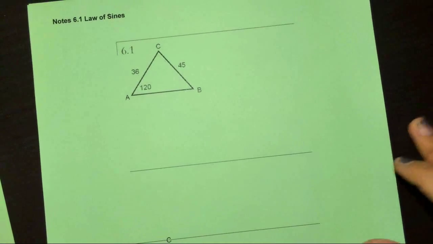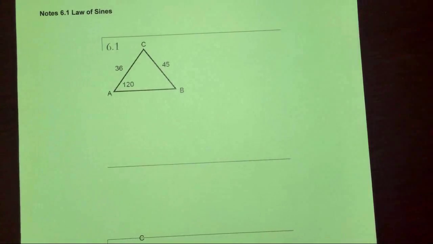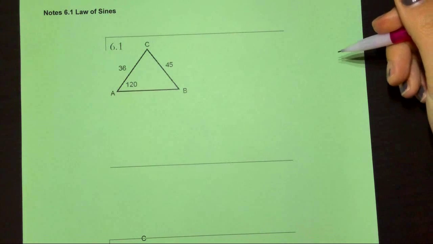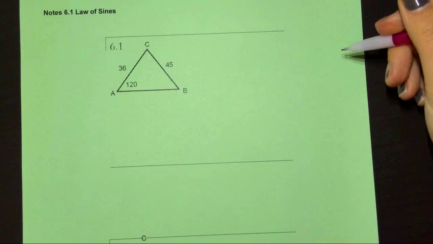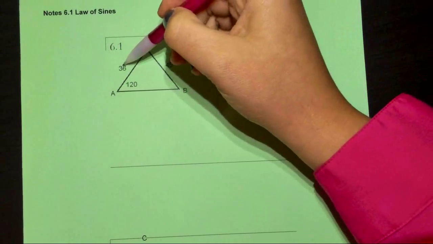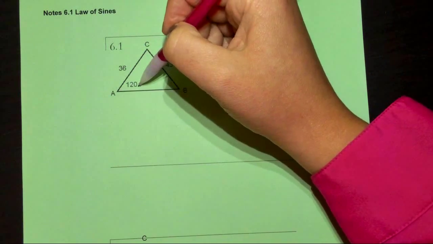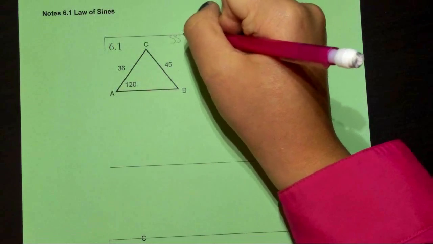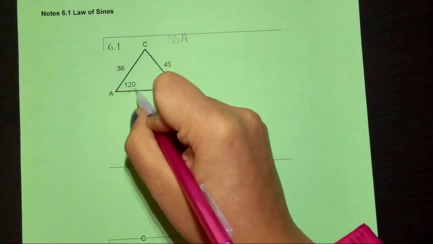Okay, so now let's do an example. We have a side and an angle, so we have SSA, but that angle that we have is obtuse.